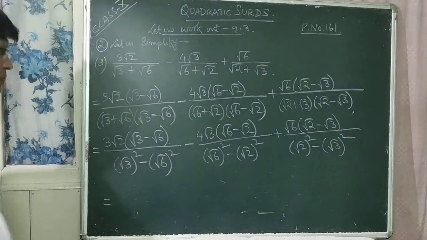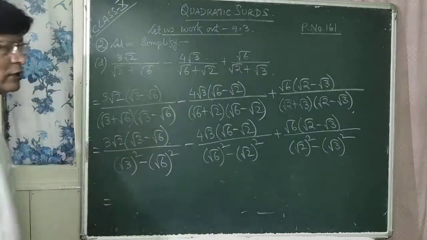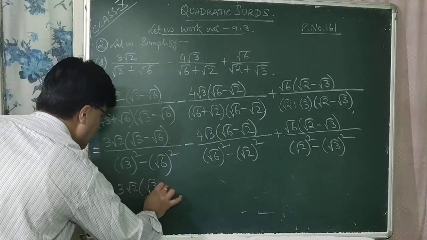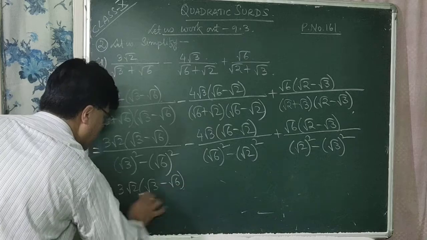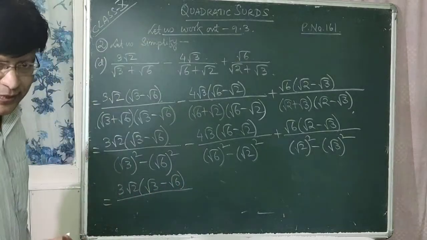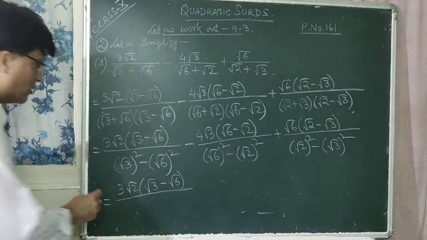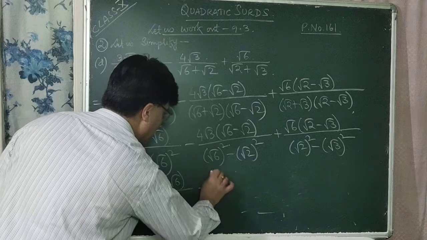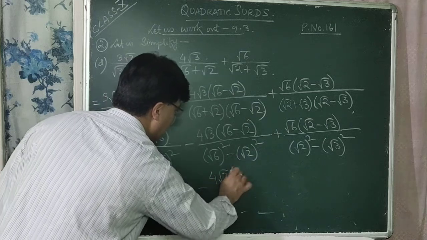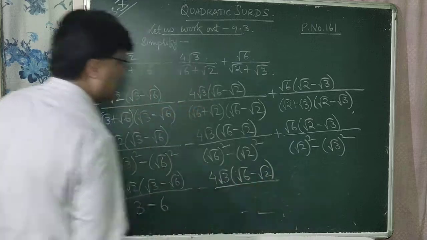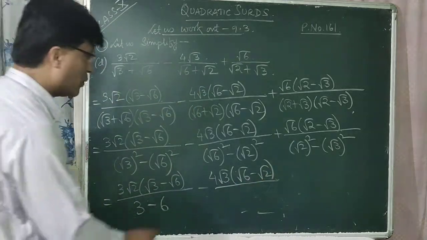Again the numerator remains the same, 3 root 2 within bracket root 3 minus root 6, divided by, what is root 3 whole square? You know the root will be cancelled, you will get only 3, minus root 6 whole square is 6, minus 4 root 3 within bracket root 6 minus root 2, whole divided by, what is root 6 whole square?